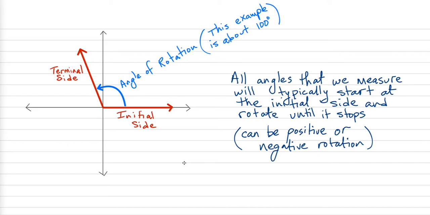So the initial side will traditionally always be right there. And then wherever it stops is called the terminal side. I'm not even worried that you know the terms. Just get that the whole point of a rotational angle is that it turns until it stops, and then we measure how far it has turned. It just means it moved.